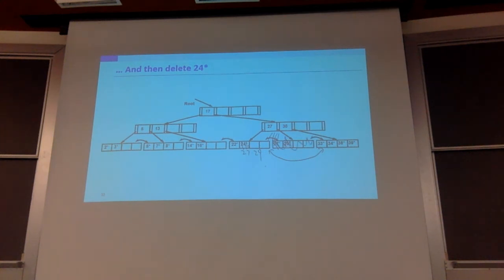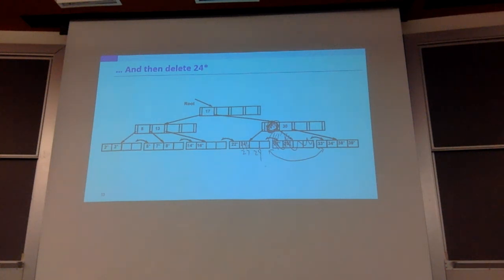Then you will need to update the upper level here. So basically, once you do that, you will need to remove this link and this key here. You can remove this data entry entirely, so that the upper level only has one entry here.